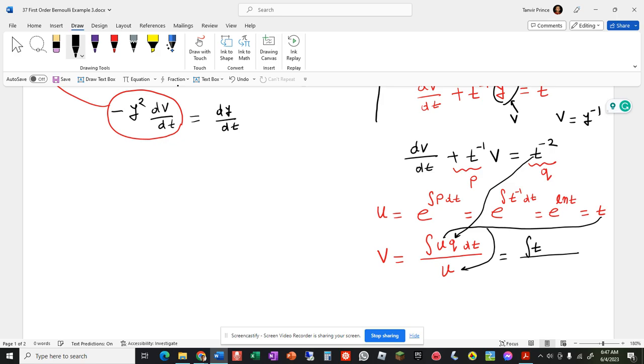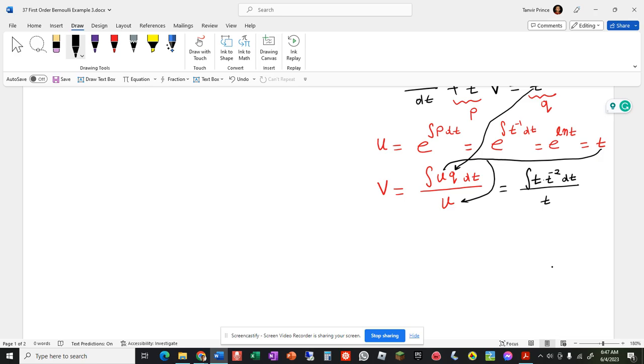So it's t times t to the power negative 2 dt over t. So let's find the answer. So when I multiply t and t to the power negative 2, that's just t to the power negative 1.